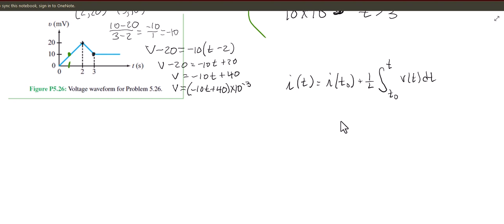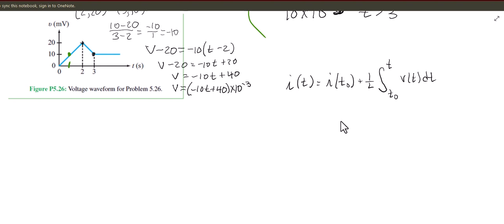Now, the purist in me says we should not be using the same variable as a limit of integration and inside our integral. But I'm just going to keep it that way because when I do it differently, it confuses people. But having this t at the top as our limit of integration means that when we finish, when we plug things in, we have a function, not a number.